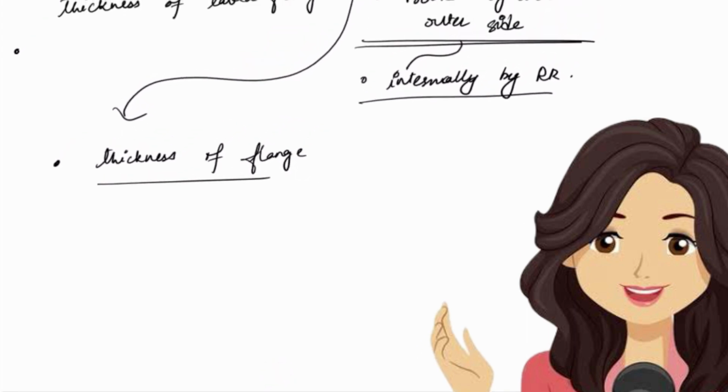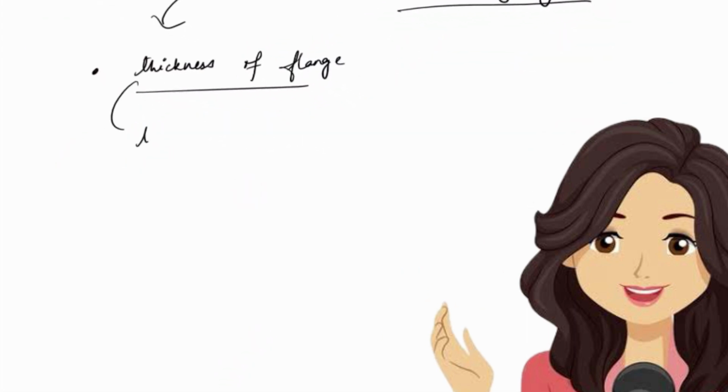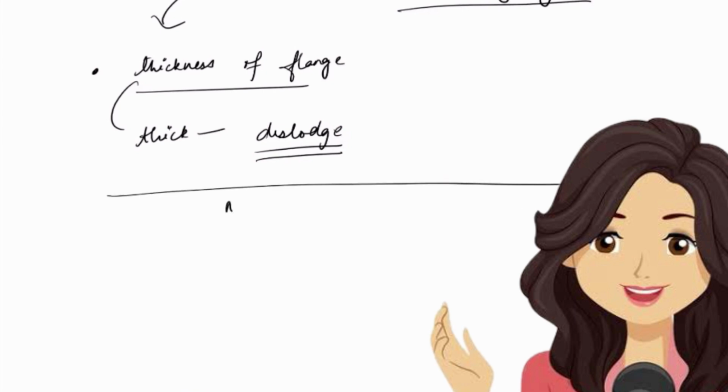If we have a thicker denture, it will usually be dislodged because of the muscles which are present. So you need to do a lot of border molding movements so that the flange of the denture is adjusted here.